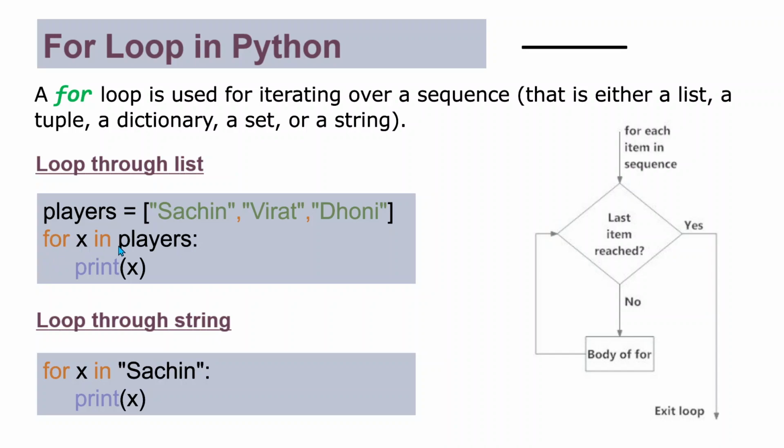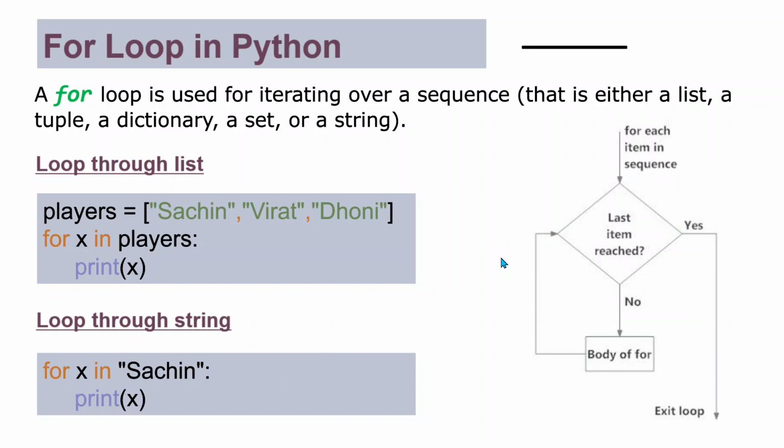So for x in players, I'm just printing x. This is the generic syntax of a for loop, but it might vary depending upon the sequence you are using. If you are using a string, it will be something like for x in this string value. So it varies according to the sequence that you are using.